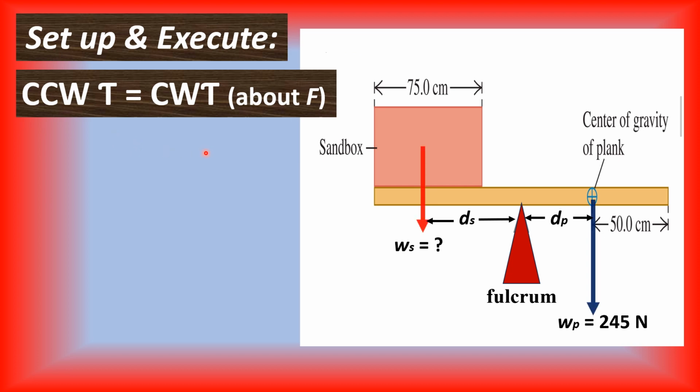These two conditions of complete static equilibrium will be applied here. So the torque principle can be written simply as the counterclockwise torque must always be equal to the clockwise torque about a defined axis of rotation, which in this case is the fulcrum, right?